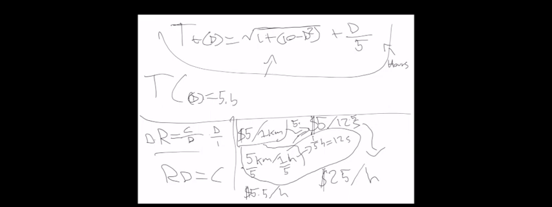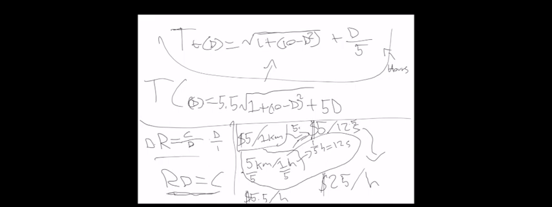So now we just multiply the cost by the time function because the cost is in time. So we get 5.5 times the square root of 1 plus 10 minus d to the second, plus d over 5 times 25. If you divide both sides by 5, it simplifies to 5d, which then comes back to the rate times the distance equals the cost.